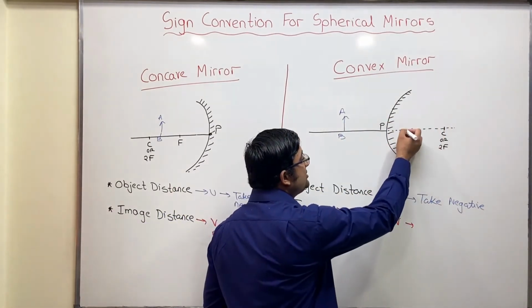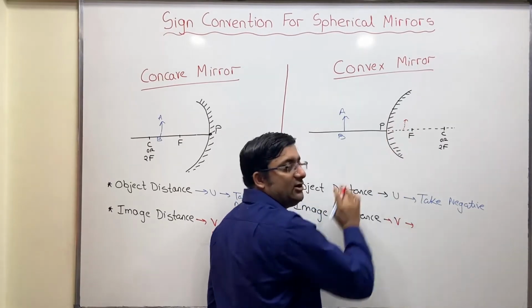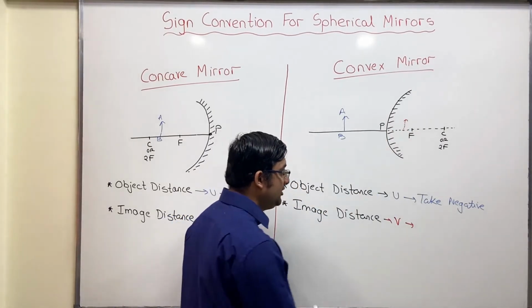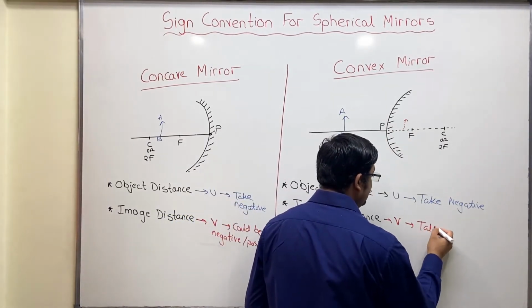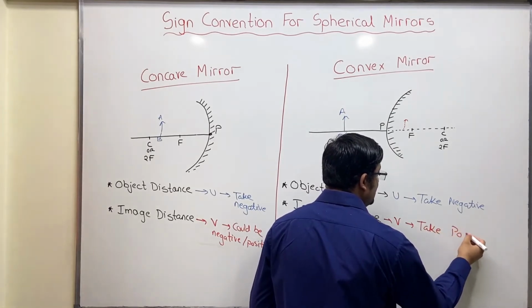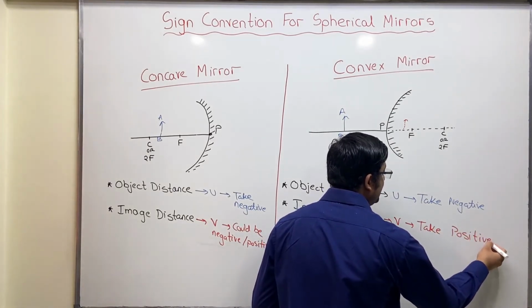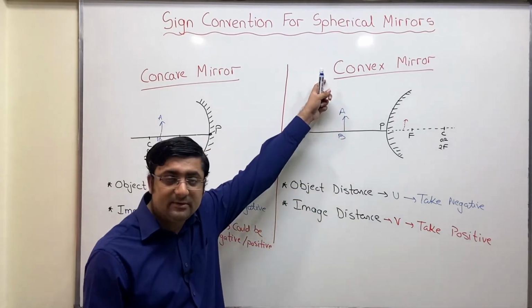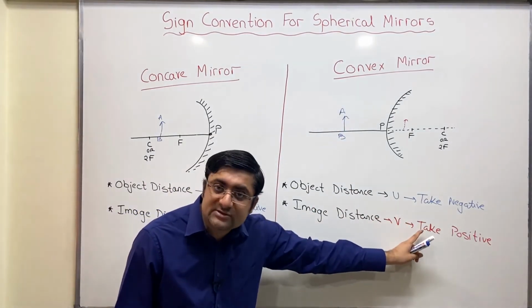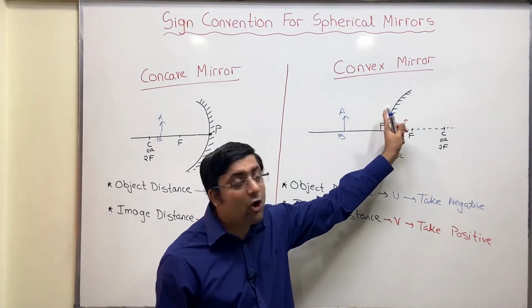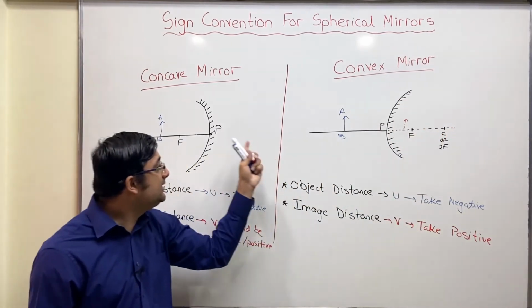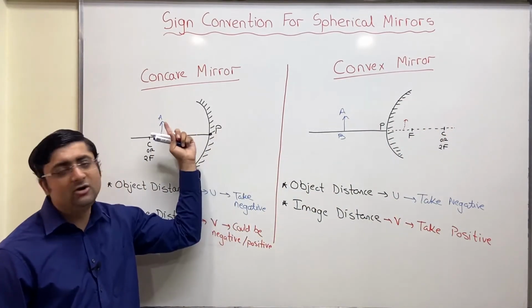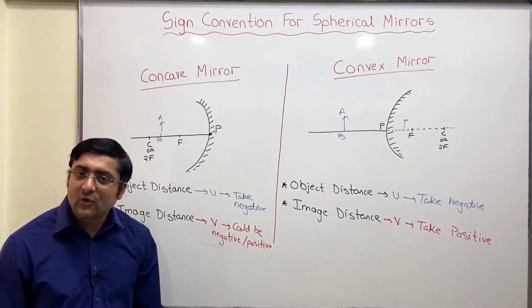So because the image is always formed to the right of the pole, and right of pole means positive, here image distance will always be positive. So take positive. So guys, you have to be very careful what type of mirror is given to you. If it is a convex mirror, the image distance will always be positive. Why? Because the image is always formed to the right of the pole. But in the case of a concave mirror, the image could be here or here, so it could be positive or negative.